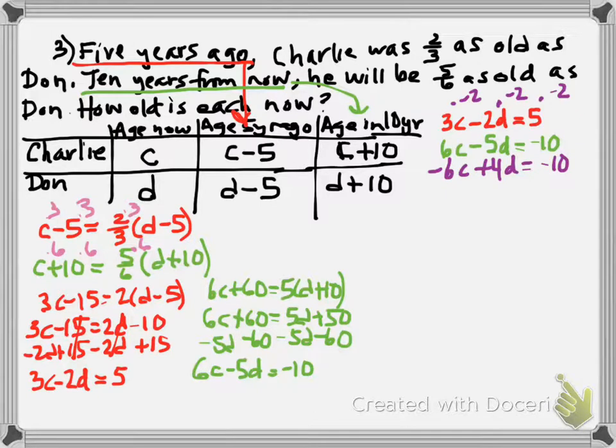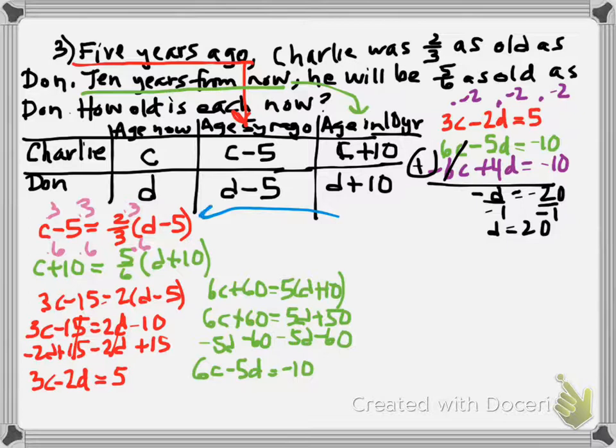So when I add the two equations together, the c's eliminate, I get negative d equals negative 20. Divide both sides by negative 1, and I get d equals 20. I'm going to substitute that back into either original equation and solve for Charlie's age.